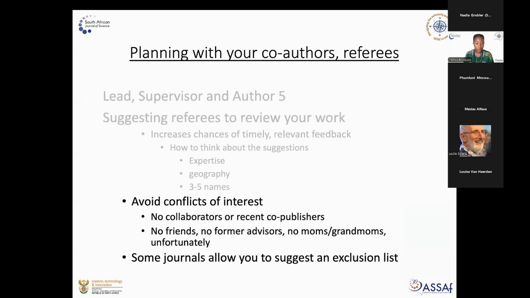If you have people you don't want reviewing your work based on ethical qualms, I think it's okay to have this, but it has to be something that makes sense, not that I'm scared this person is going to be harsh about my work, but ethical things.